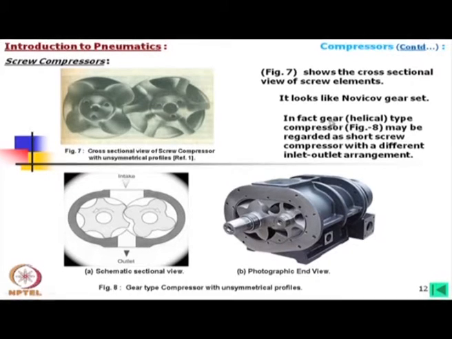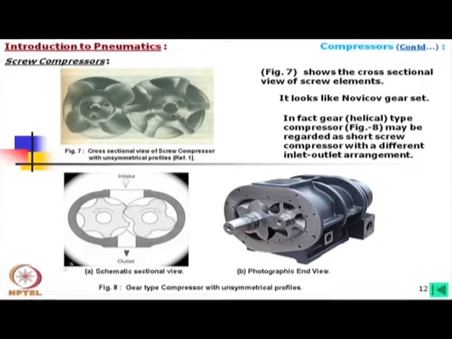Now, obviously, if you would like to compare this screw compressor with the gear type compressor, definitely this is also helical, that means helix gear as if, but this length of the screw conveyor, what is the length? In this case, length is very small.